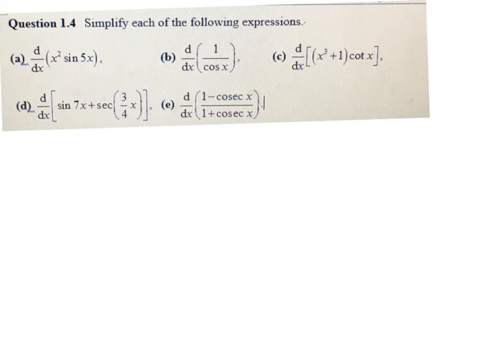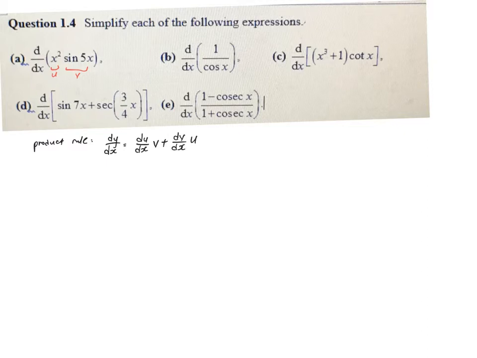basically use the product rule. We recognize that this is u and this is v, and the derivative of a product basically is differentiate u. So remember the product rule, right? dy/dx is basically differentiating u times v plus differentiating v times u.